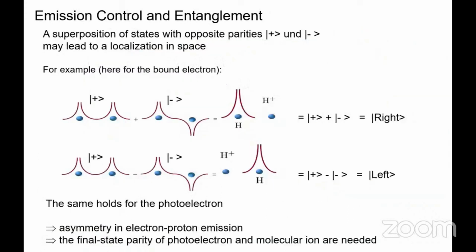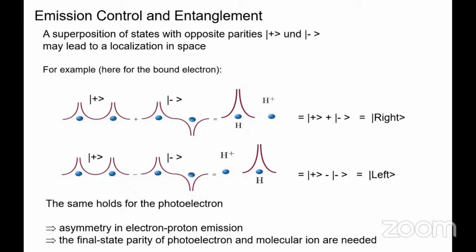Okay, and I'm going to discuss this now in terms of parity, so to say. And the parity tells us something about the spatial behavior of a wave function. For example, this is an example. You can have either positive or negative parity.